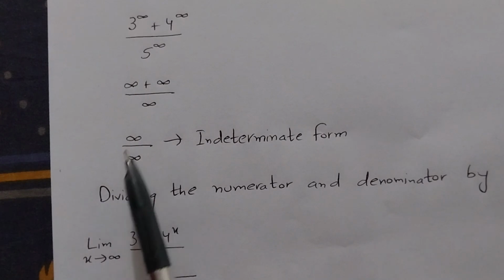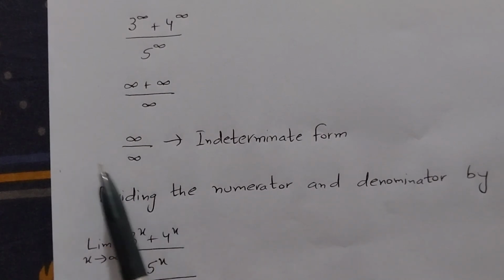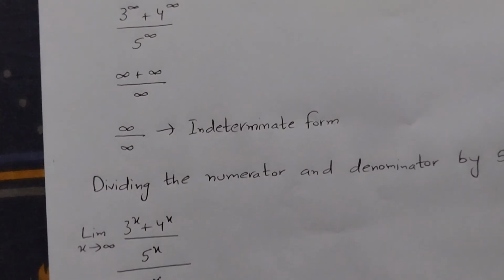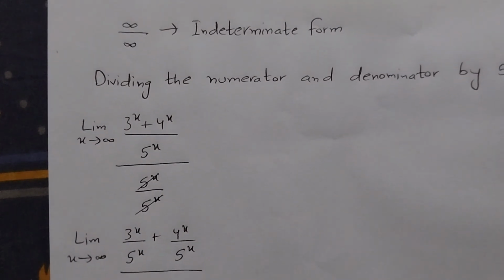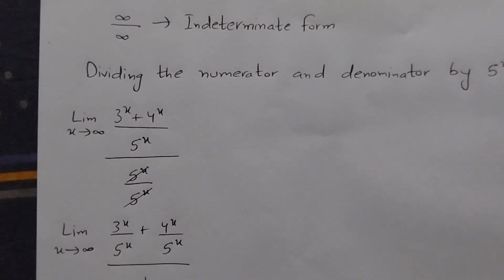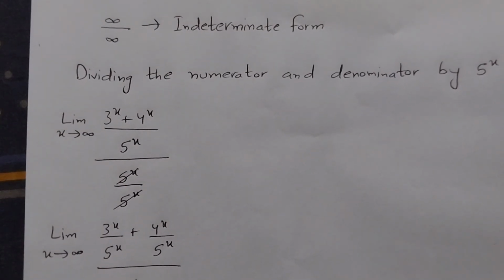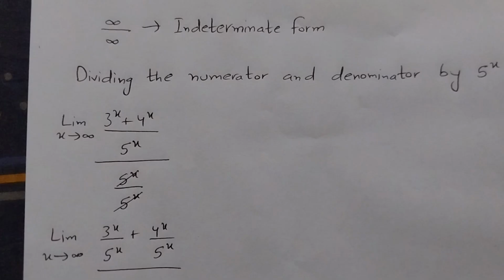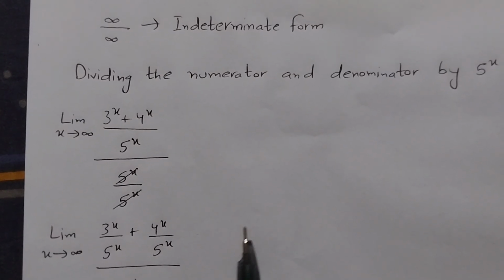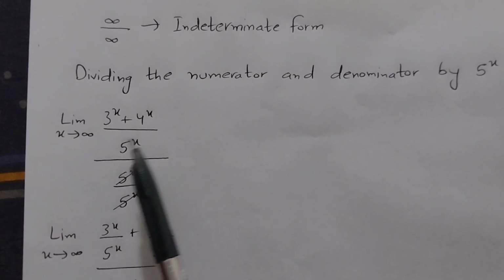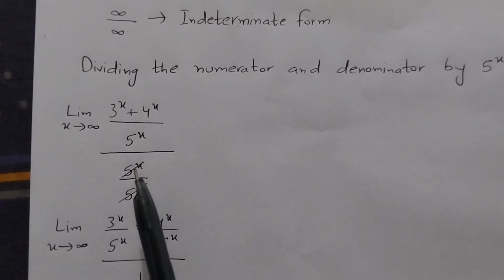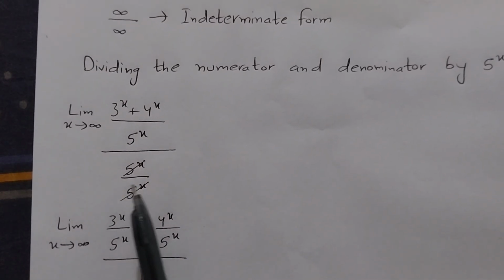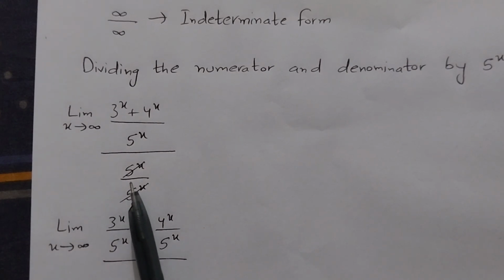So we have to come up with some way to get rid of this. And how can we do that? We can do that by dividing the numerator and denominator by 5 raised to power x. And what advantage do we get by this? In the denominator we have only one term, which is 5 raised to power x.